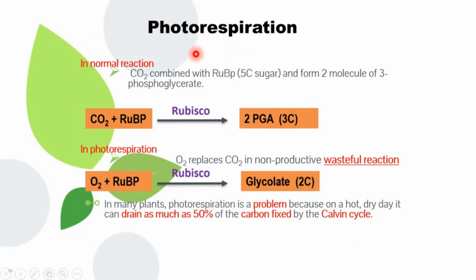Photorespiration is unlike the photosynthesis process and unlike the respiration process. In the normal reaction, as I mentioned in the previous slide, carbon dioxide combines with RuBP to produce 2 molecules of 3-PGA. In photorespiration, since there is a high concentration of oxygen, oxygen combines with RuBP to produce glycolate, which is a 2-carbon compound.